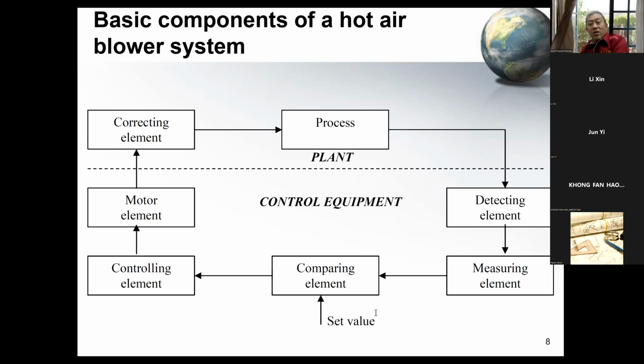If you set it at 40 degrees Celsius, when the thermistor measures 40 degrees Celsius, the motor element will automatically switch off, because it reached the set value. The thermistor is the detecting element, connected to the Wheatstone bridge, which is the measuring element, and it sends the value to the amplifier for comparison with the set value.